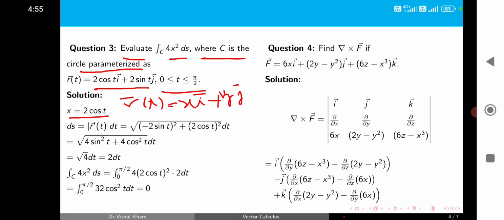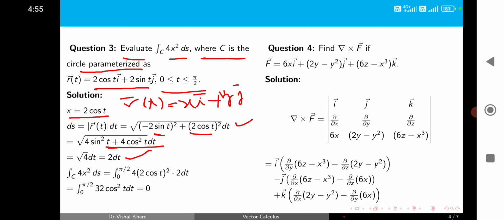So we'll write here root of x square plus y square, where the values of x and y are 2 cos t and 2 sin t, so dt. Therefore, after solving, we'll get this. And sin square t plus cos square t, we'll take 4 common under the root, and root 4 is equal to 2.